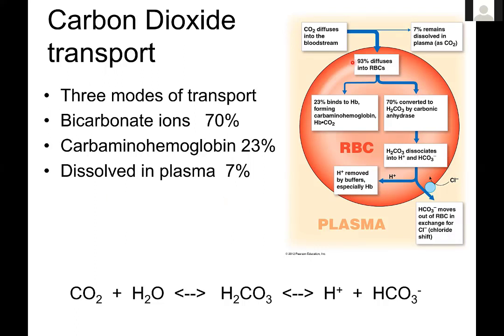So CO2 is diffusing out into the bloodstream. 93% of it stays in the red blood cells, only 7% remains in the plasma. Of the 93% that enters red blood cells, 70% undergoes the carbonic anhydrase reaction and turns into protons and bicarbonate. The other 23% sticks to the non-heme part of hemoglobin. Now, this part is interesting, but I'm going to discuss it on the next slide.